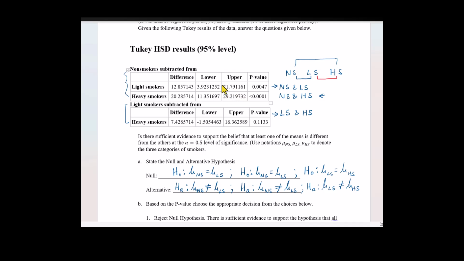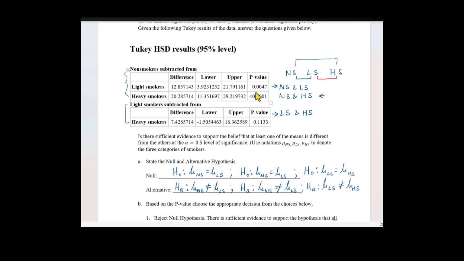So both these values are positive, and when both endpoints of the interval have the same sign, that means it does not contain a difference of 0. Therefore, that tells us there is a difference between two means.